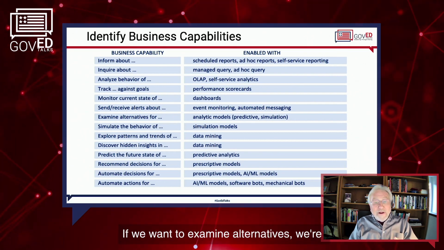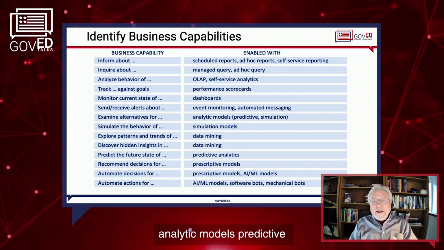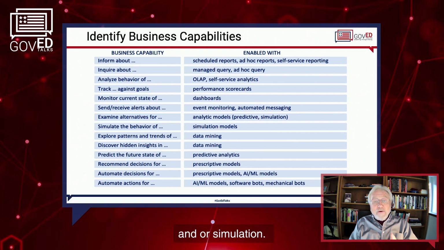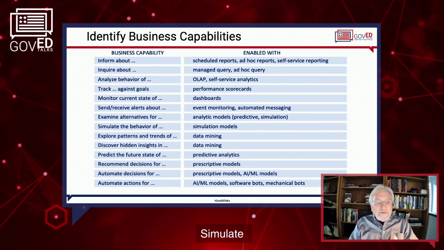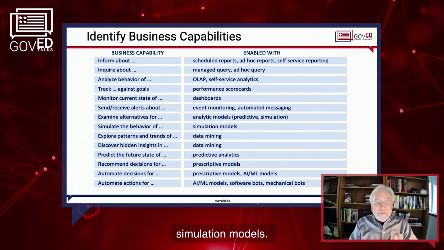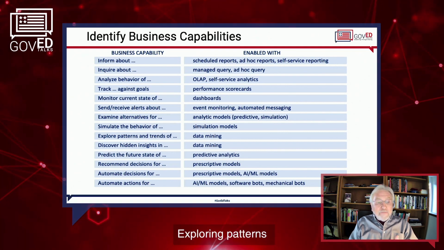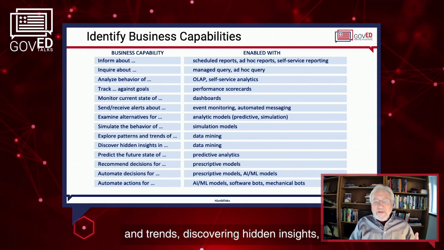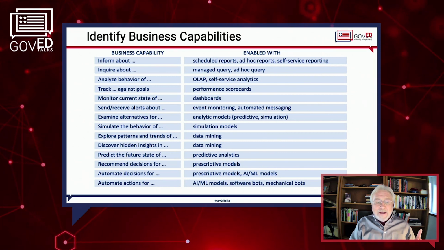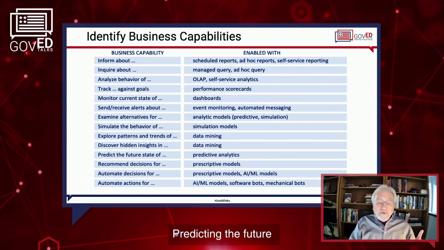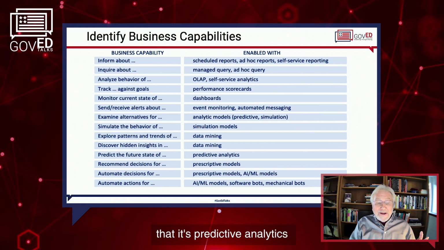If we want to examine alternatives, we're into 2 kinds of analytic models, predictive and or simulation. Simulate the behavior is clearly simulation models. Exploring patterns and trends, discovering hidden insights, we do both of those with data mining. Predicting the future state, it makes sense that it's predictive analytics.